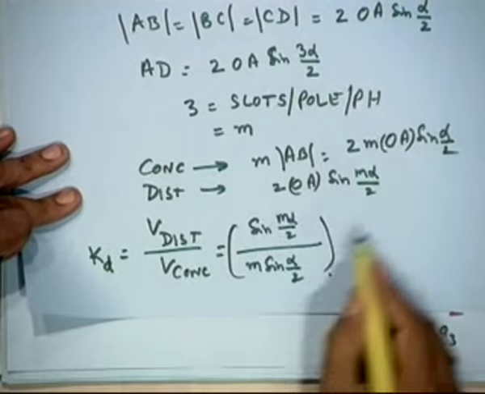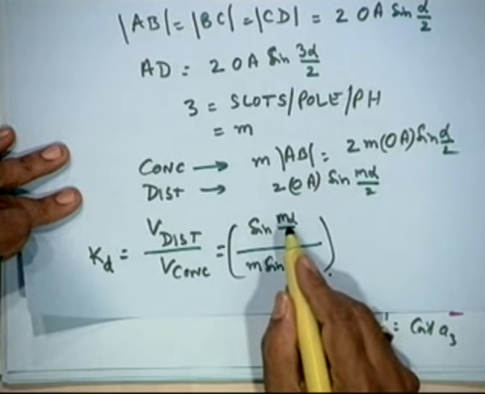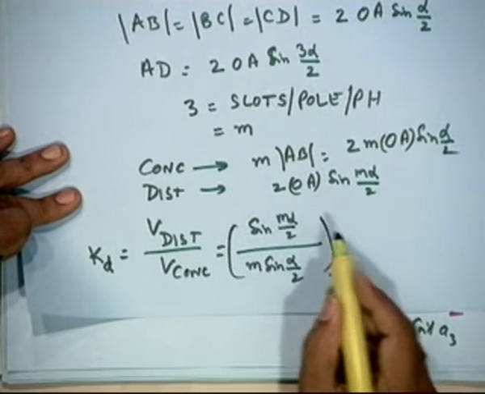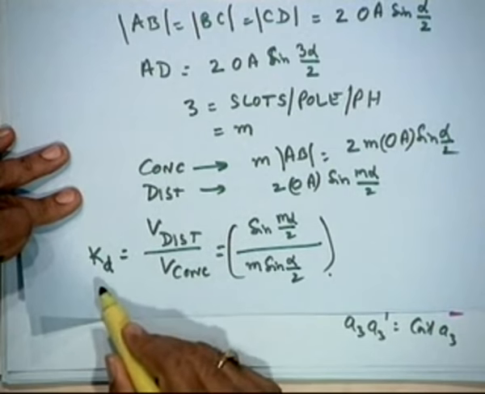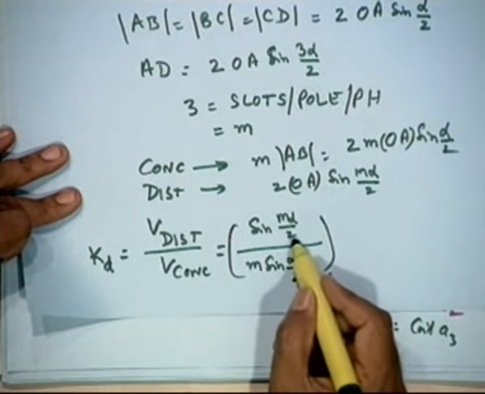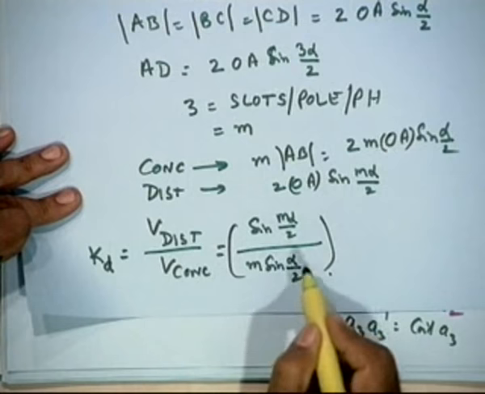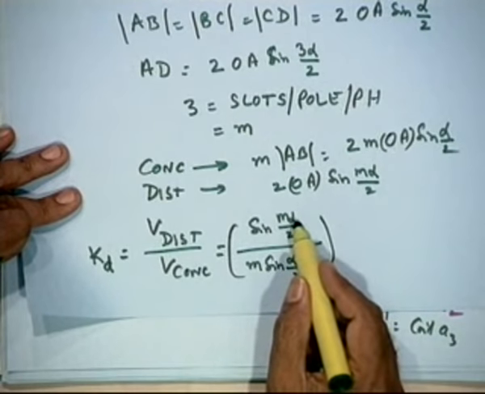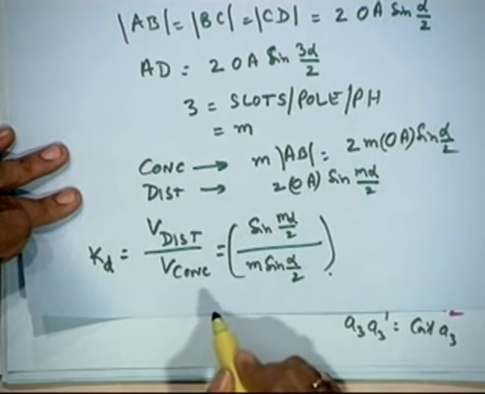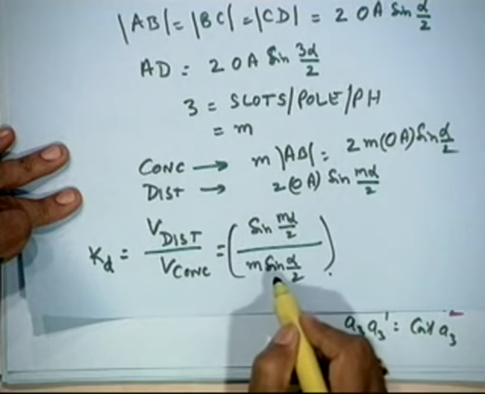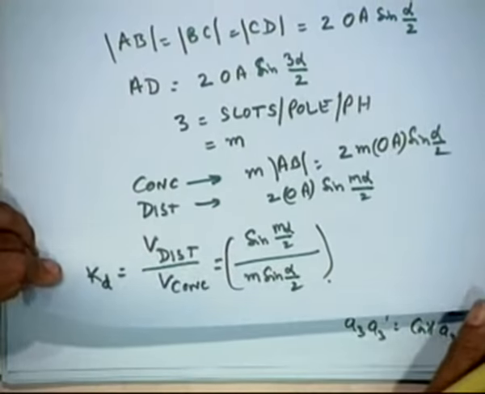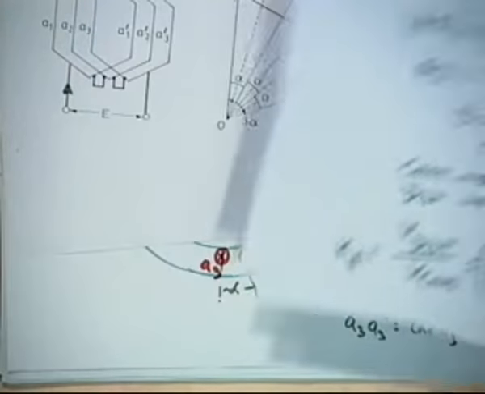From this simple geometrical manipulation, you can easily see that the distribution factor is given by sin M alpha by 2 over M sin alpha by 2. So, that depends upon the slot angle alpha and the number of slots per pole per phase, that is M.